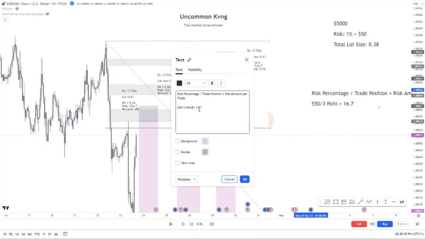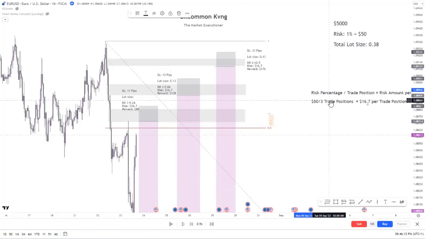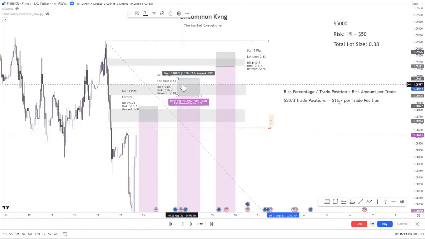So that's 3 positions if we take the trade, which will give us $16.7 per trade position. So that's the formula we're going to be working with when we have different points of interest with different stop loss pips.